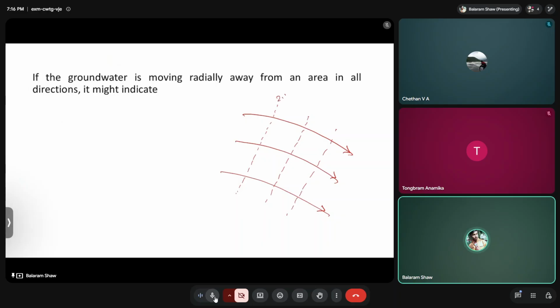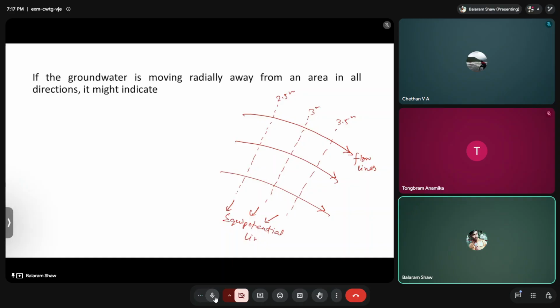Let's say 2.5 meters, 3 meters, 3.5 meters, and so on. So these are the flow lines, whereas these are the equipotential lines, right? What you can observe here, in an ideal case, is that each of these boxes is kind of square.